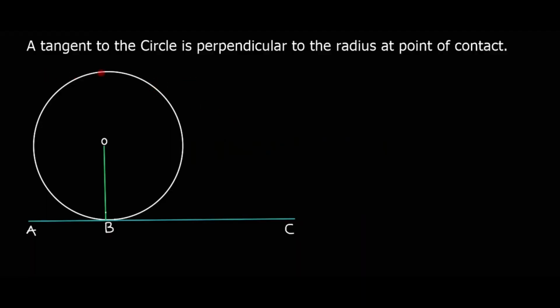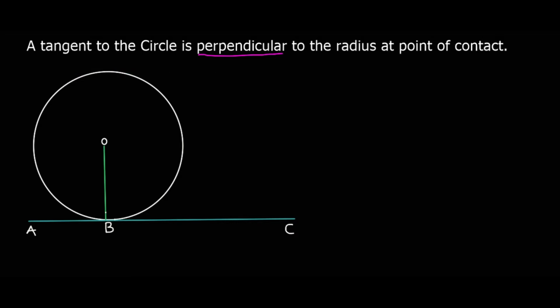This theorem says a tangent to the circle is perpendicular to the radius at the point of contact. First, let's understand what a tangent is. A tangent is a line that touches a circle at one point. For example, any line that touches a circle at one point, in this way, is a tangent.